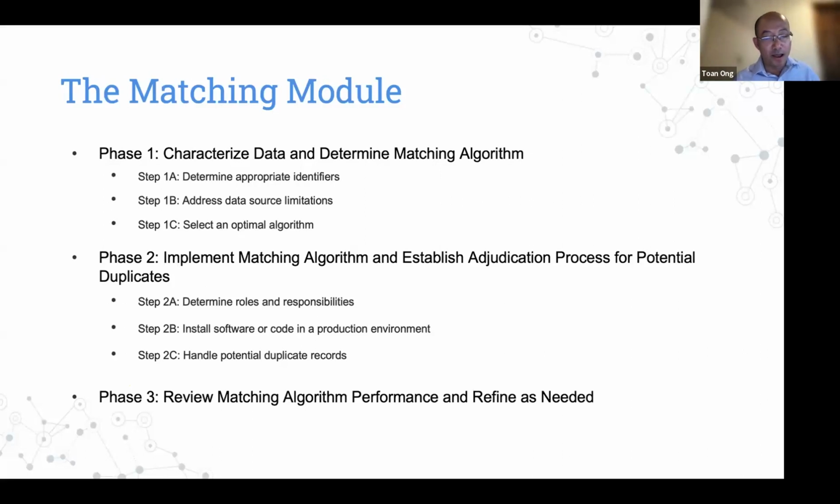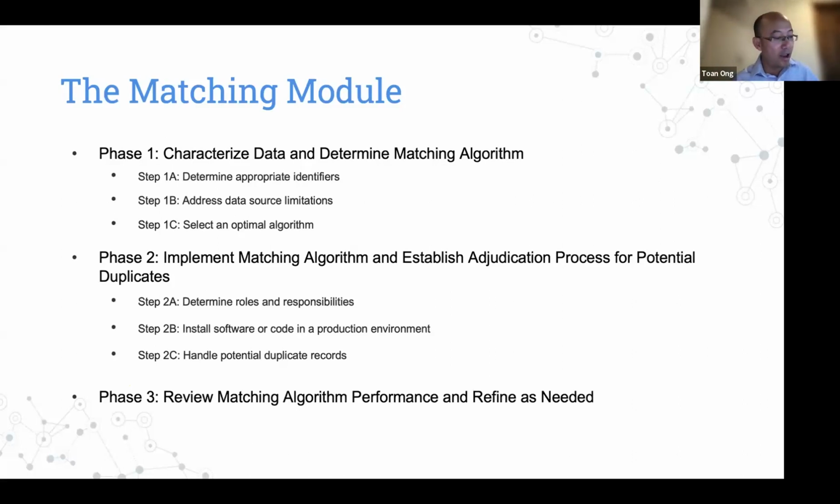Phase two is about the actual implementation of the matching algorithm, and establishing the adjudication process to evaluate the performance of the solution. The steps in this phase involve determining who's going to do what.